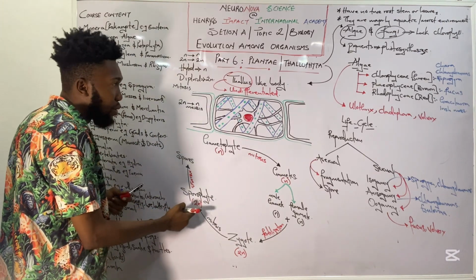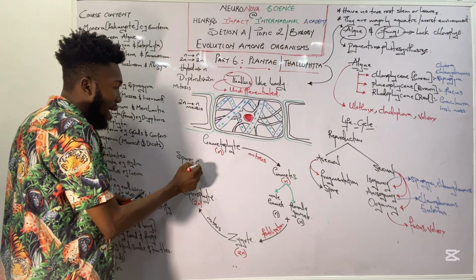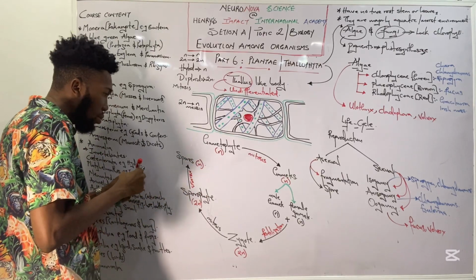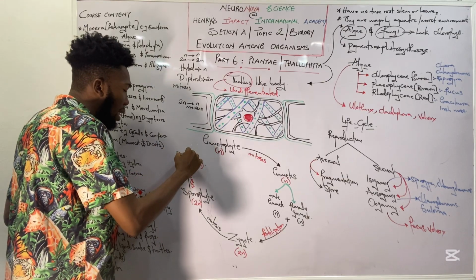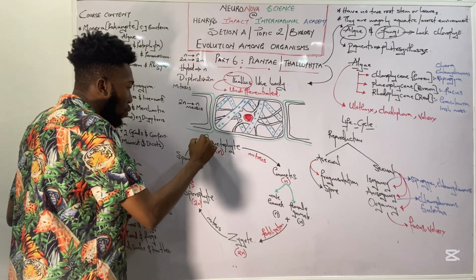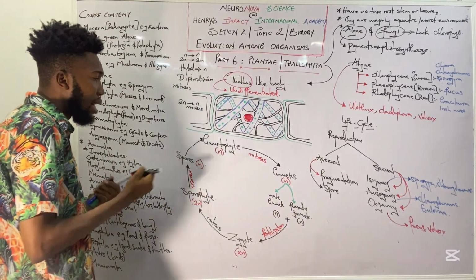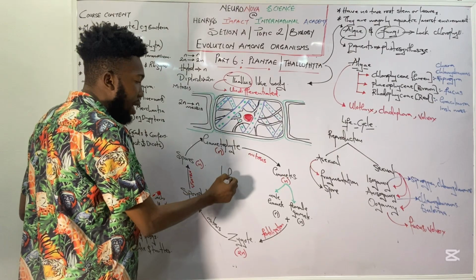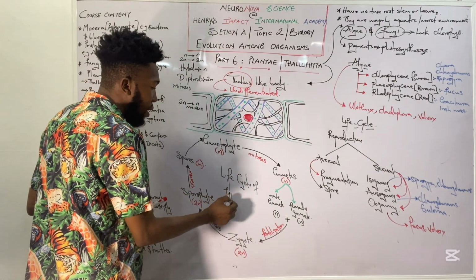N, because it's meiosis, and I told you meiosis will always halve the initial. So here we are going to be having N. These spores then will be the ones to grow and develop later on into the gametophyte again. So that is how this thing happens. This is the life cycle of a typical thallophyte.